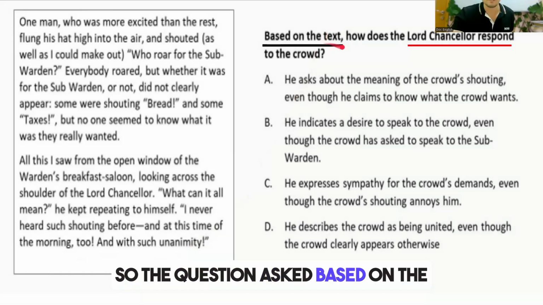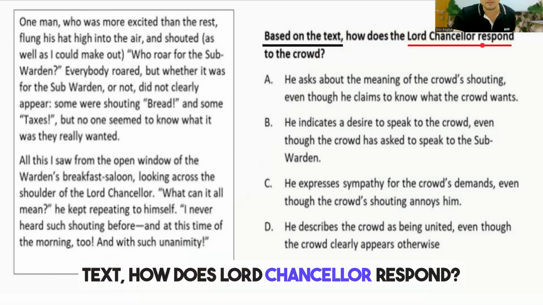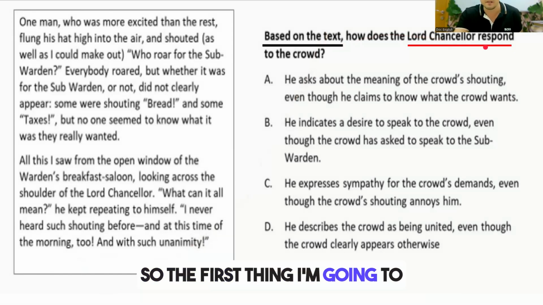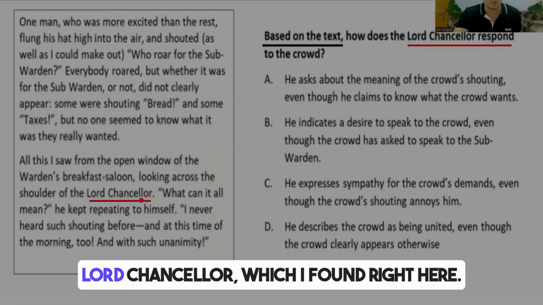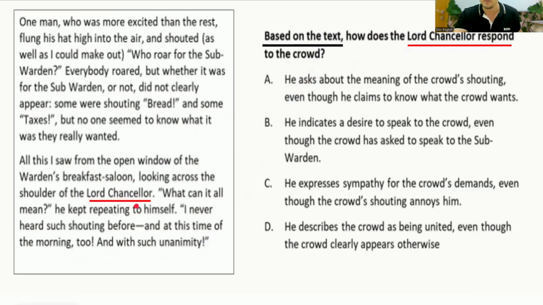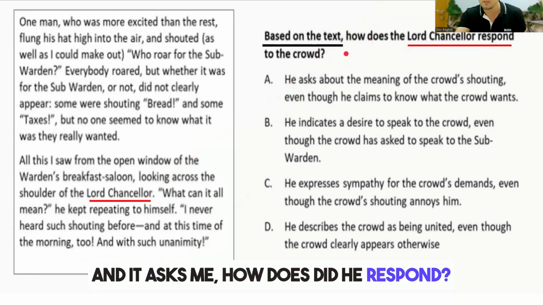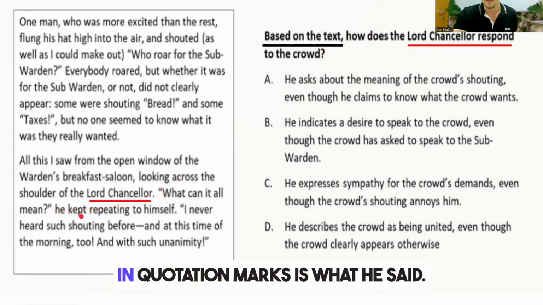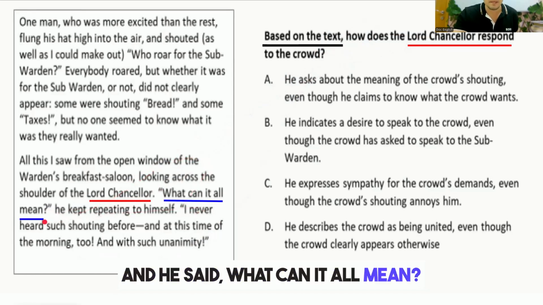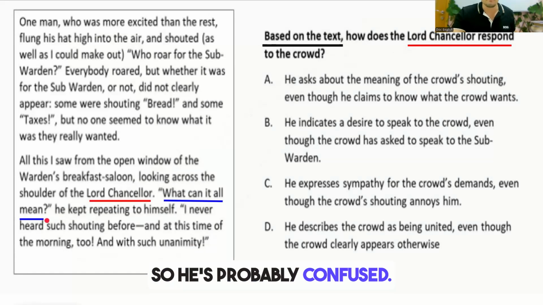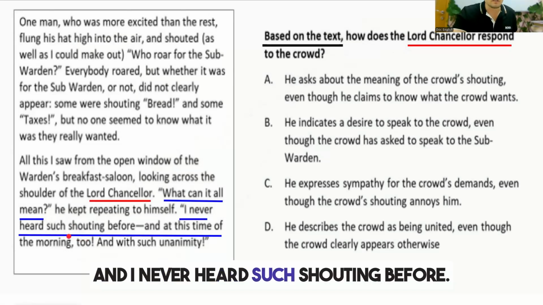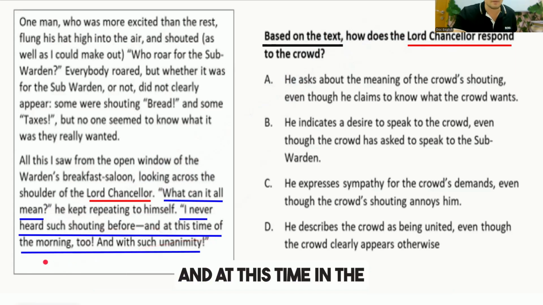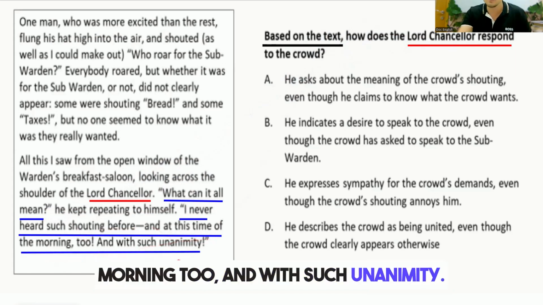So the question asks, based on the text, how does Lord Chancellor respond? So the first thing I'm going to do is look for the words Lord Chancellor, which I found right here. And it asks me, how did he respond? So this information that follows Lord Chancellor in quotation marks is what he said. And he said, what can it all mean? So he's probably confused. And I never heard such shouting before, and at this time in the morning too, and with such unanimity.